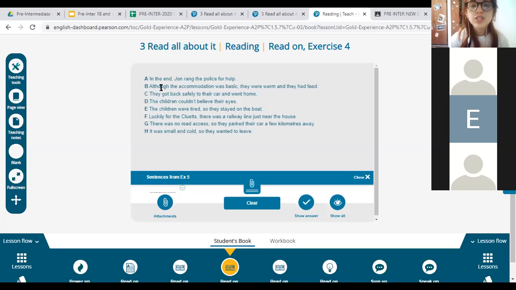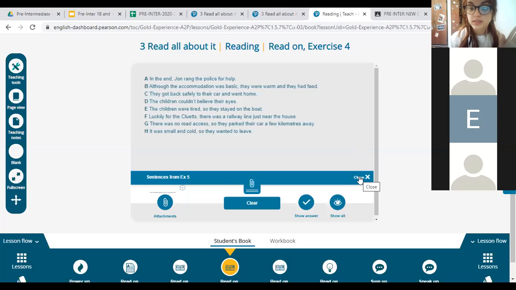E, the children were tired, so they stayed on the boat. F, luckily for the Cluets, there was a railway line just near the house. G, there was no road access, so they parked their car a few kilometers away. H, it was small and cold, so they wanted to leave. So those are the sentences.